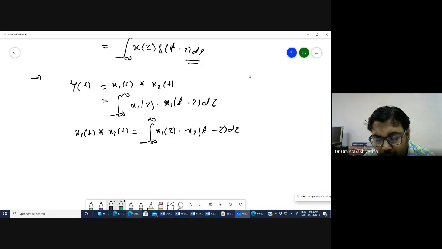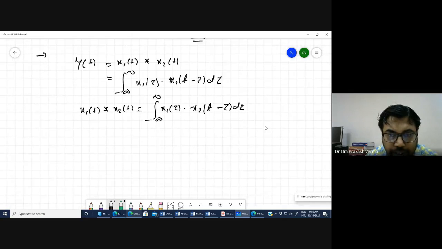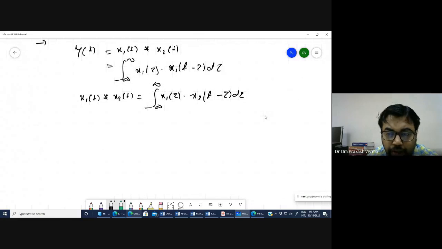Not the Fourier series, but the Fourier transform. So my suggestion is just to remember this one, and it is very important for any of the techniques used anywhere. Convolution is used everywhere, when you handle images or data, all these things, right?